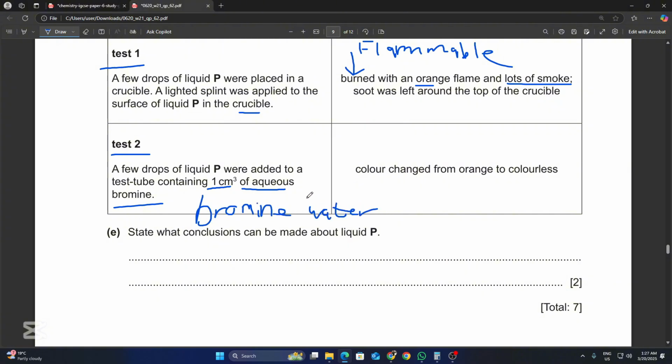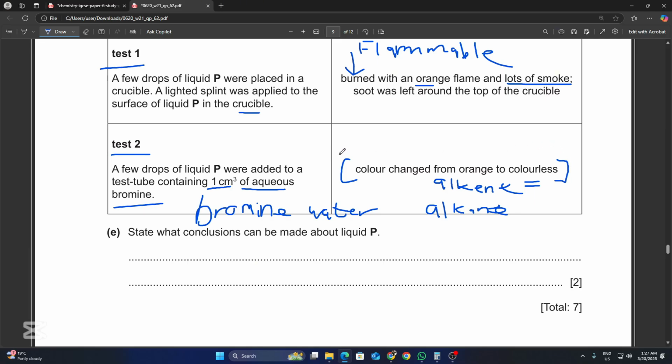Bromine water is used to distinguish between alkane and alkene. Now we said it will turn from orange to colorless in an alkene, where a double bond is present. And in an alkane it will stay orange. Here we know that we have an alkene, or anything with a double bond, which we can also call an unsaturated compound, but no need for that.